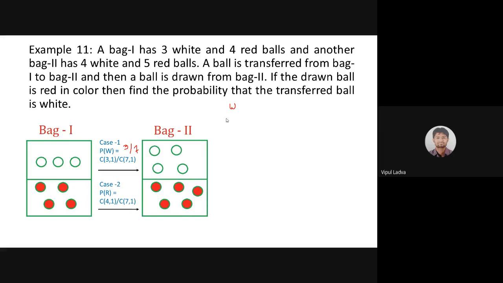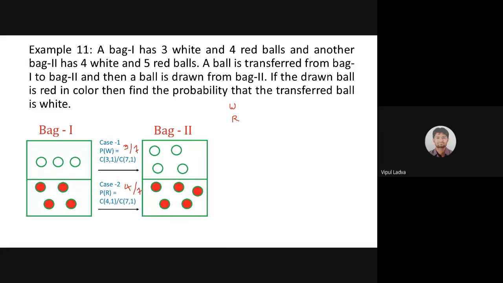So that event I'm going to label with R. R is the event that the transferred ball from bag 1 to bag 2 is red in color. The favorable cases will be 4. Total cases will be 7, as we know that bag 1 contains 7 balls. So that will be simply 4 by 7, is it? So this probability will be 4 by 7.